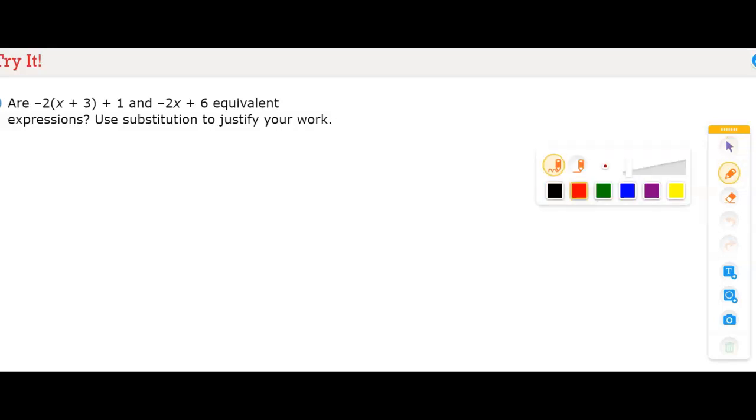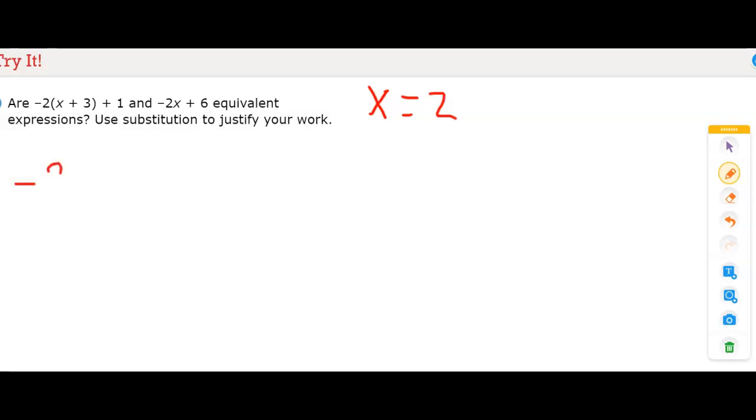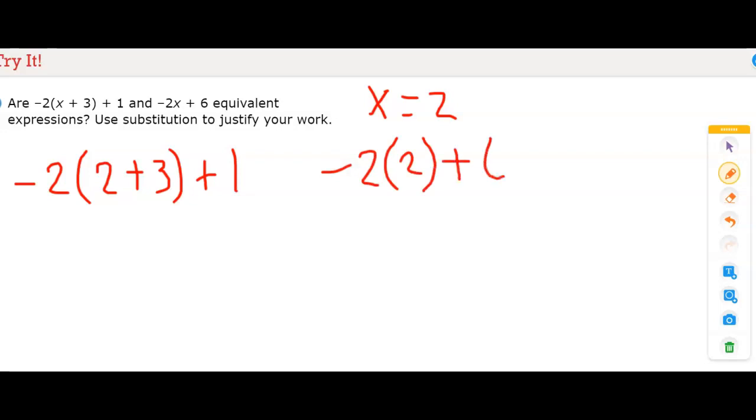So we're going to take x and have it equal 2. That's just easy. So we have negative 2, where x is, we're going to put a 2, plus 3, plus 1. And then we have negative 2x, and we're going to replace x with 2, plus 6. And now we're going to solve.